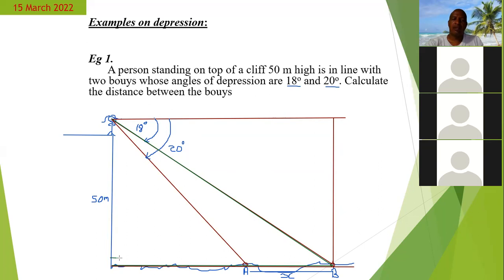So if we are working with the triangle down here, one of the things that you should know is, are we dealing with just one right angle triangle or? No, sir. All right, so here we have what we call a compound shape. Anybody know what compound shapes are?